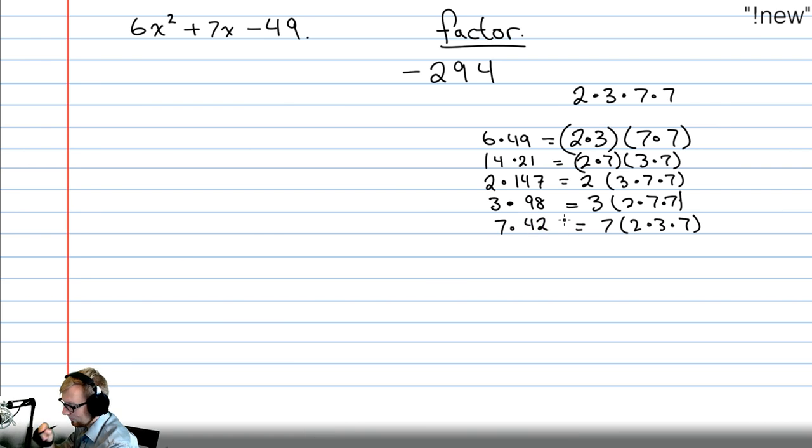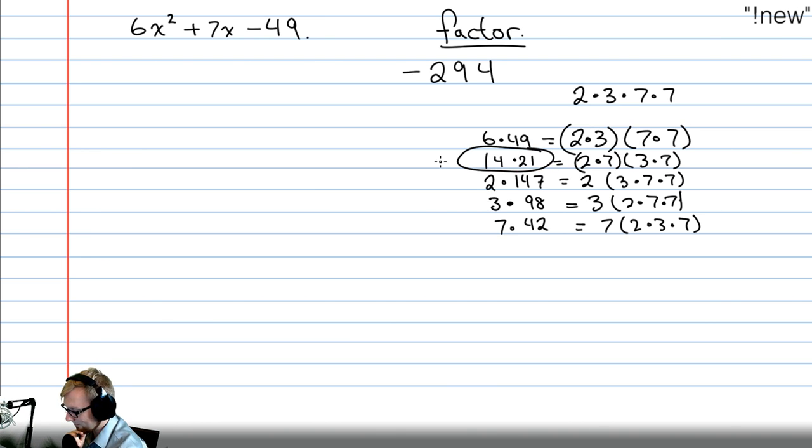And then you get 7 times 42. Good. So now you need these two numbers. You need to find the one that adds up to 7. 14 and 21. Ah, that didn't take long at all, did it?